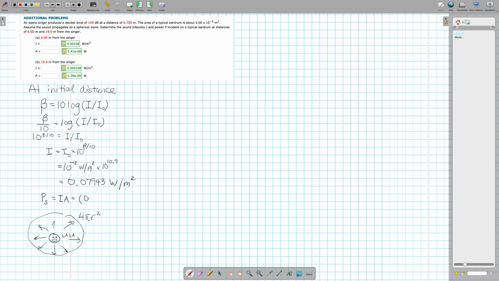So we do the intensity, 0.07943 watts per square meter times 4 pi 0.7 meters squared.